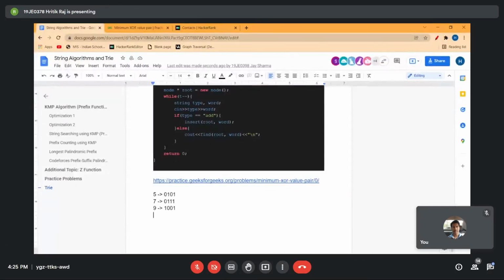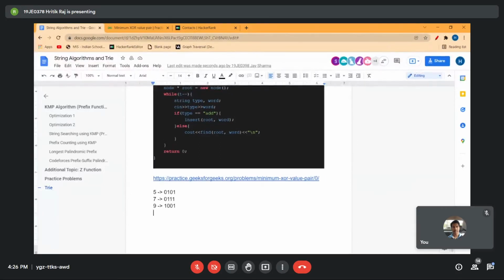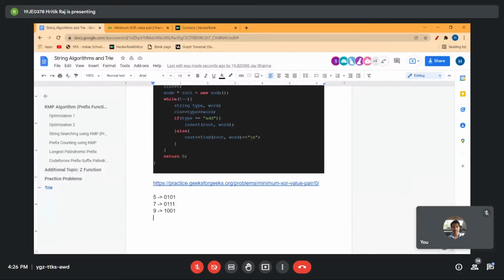There is one more problem associated with this minimum XOR. We will also go through it tomorrow. Okay. Try to implement it. If there is any other doubt, then you may ask. Otherwise, you may leave.